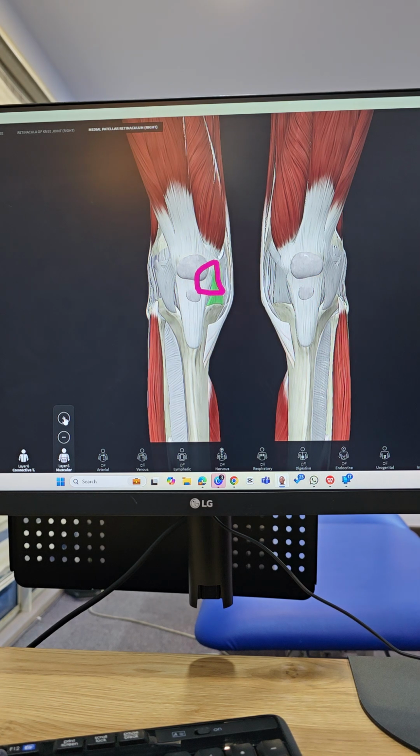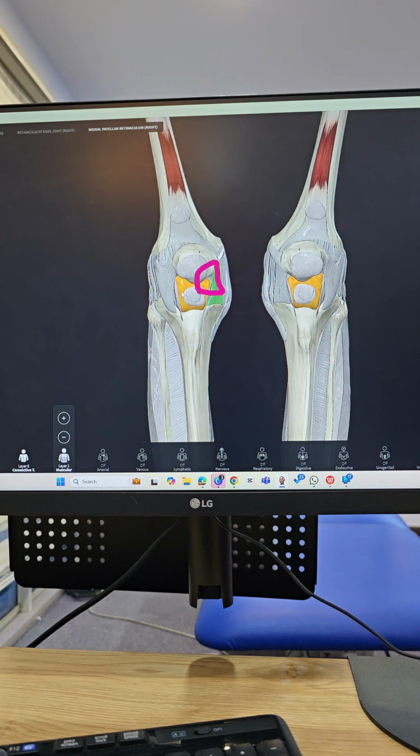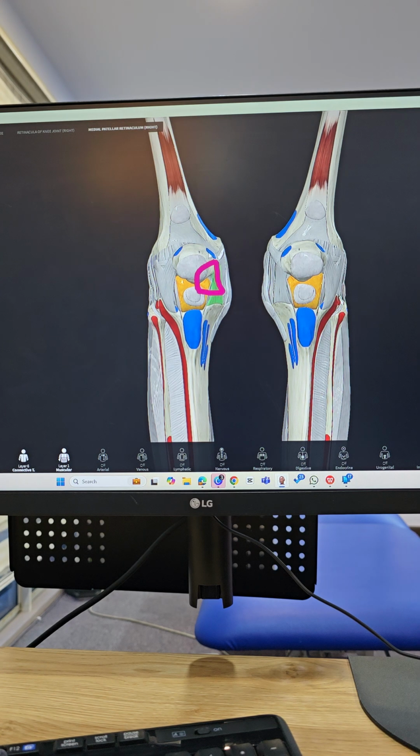So yes, with the VMO, with its primary insertion on this particular area here, if I were to give a bit of a landmark, that is the insertion of VMO right here. Because of this particular insertion of VMO, they tend to cause a bit of a quadriceps tendinopathy rather than referring down to this area here. That's more likely than not.